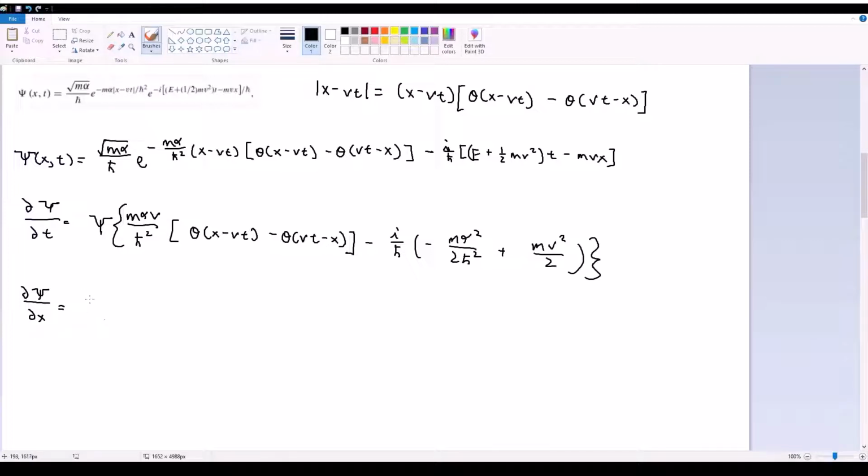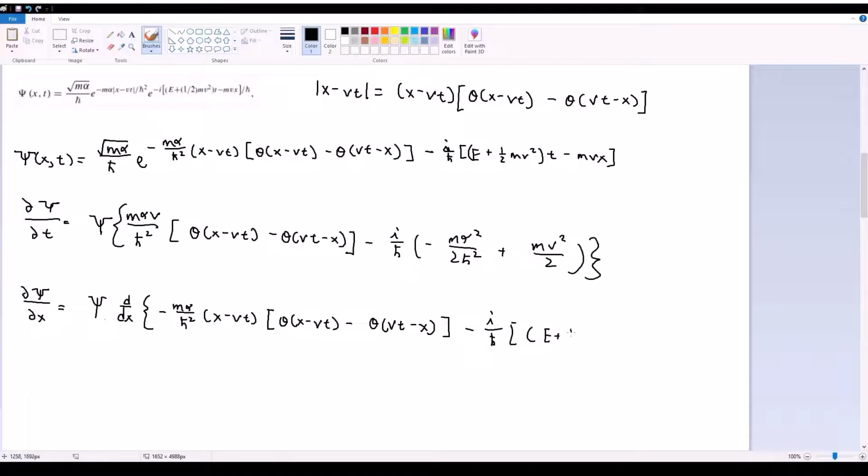I'm just going to say the psi itself remains unchanged, and then we have a derivative of everything in here: negative m alpha over h bar squared (x − vt) theta(x − vt) minus theta(vt − x), minus i over h bar times (e plus half mv² times time minus mvx).